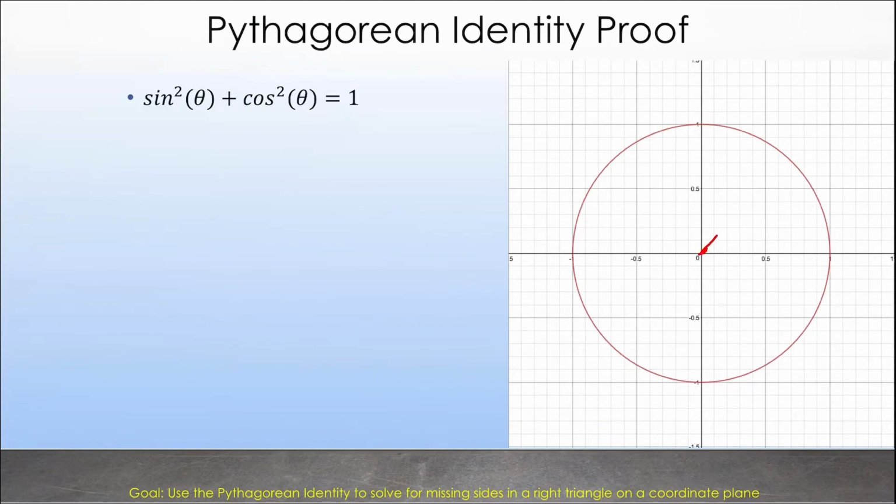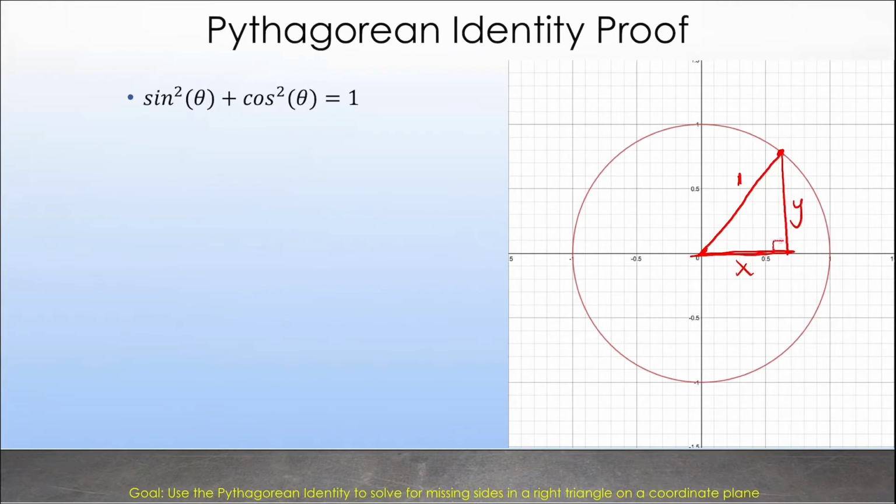The first thing I'm going to do is draw my radius, which we know is 1. Next, I'm going to draw an arbitrary triangle here. We know this is x units away and y. This can be for any right triangle that we draw.